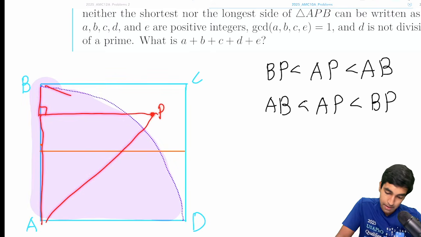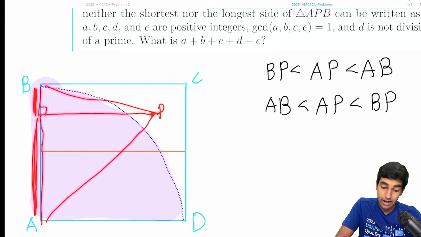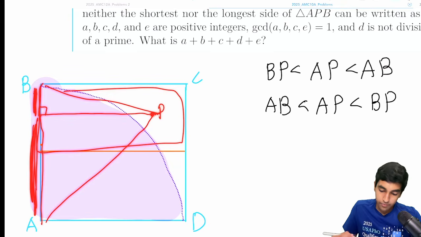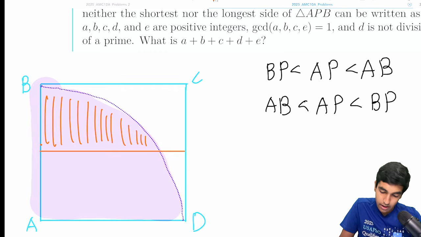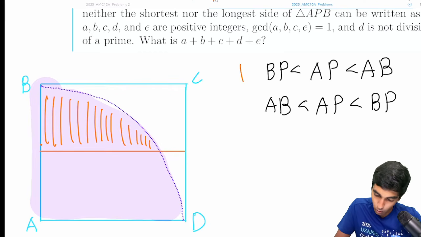So AP will be bigger whenever this part is bigger, and BP will be bigger whenever that part is bigger. For AP to be bigger, P has to lie on this half of the square. So the case we're looking at is all of this area over here. This is the area for this orange case.